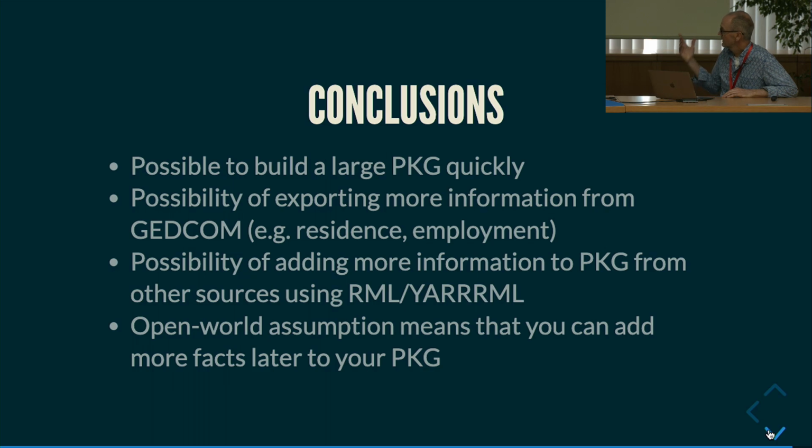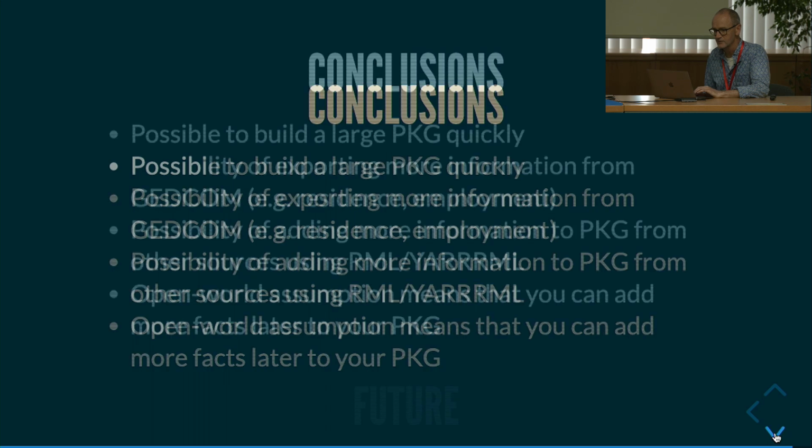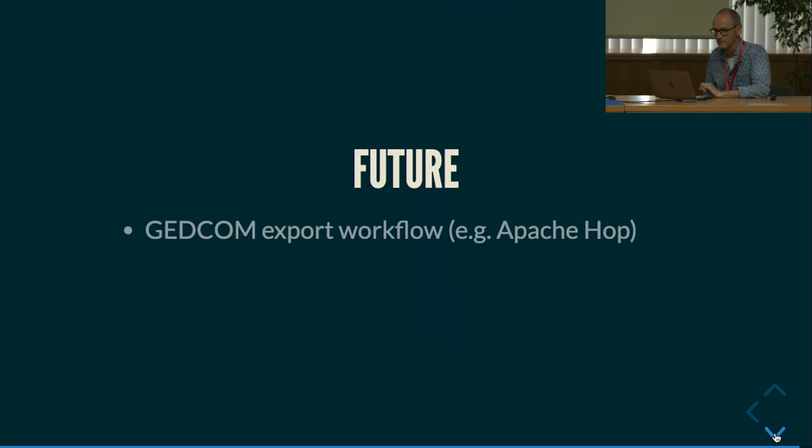And of course, the open world assumption that you have with linked data means that once I've extracted all this information in GEDCOM format and turned it into a knowledge graph, I can add more information. I can add whatever properties and links I want to add into those resources.